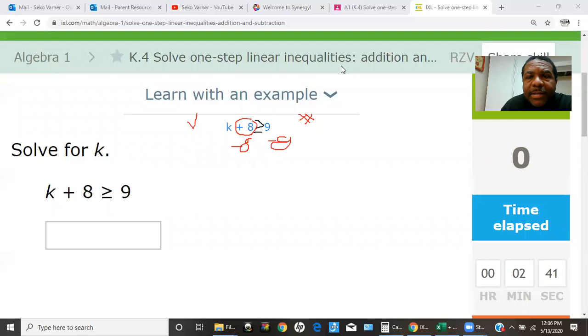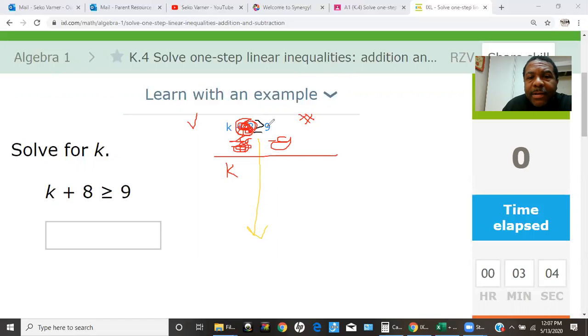Remember, that's a positive 8. So the opposite of that positive 8 is going to be negative 8, or subtracting 8. So positive 8, negative 8, that's going to be 0. So we can just bring down the K, because that 0 cancels itself out.